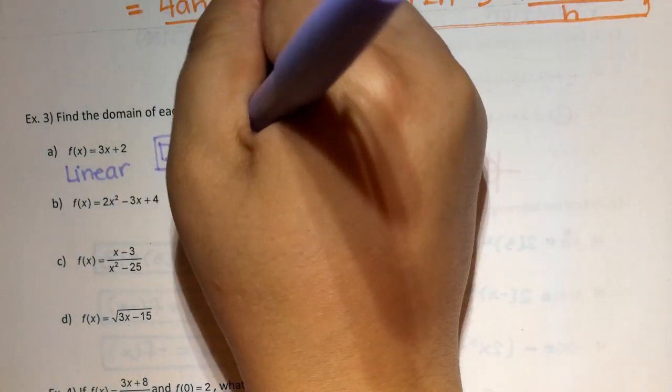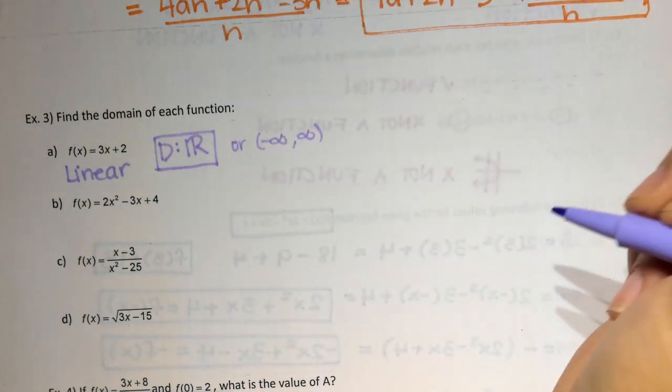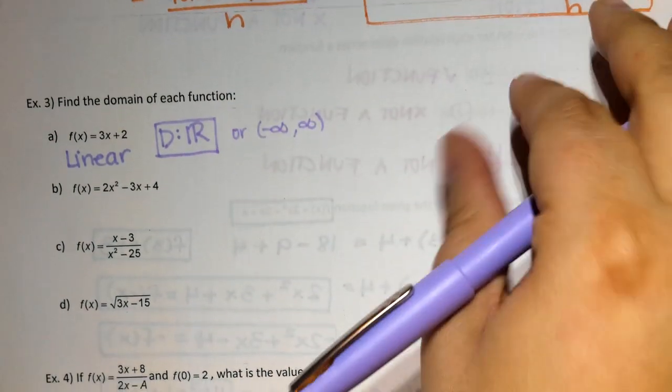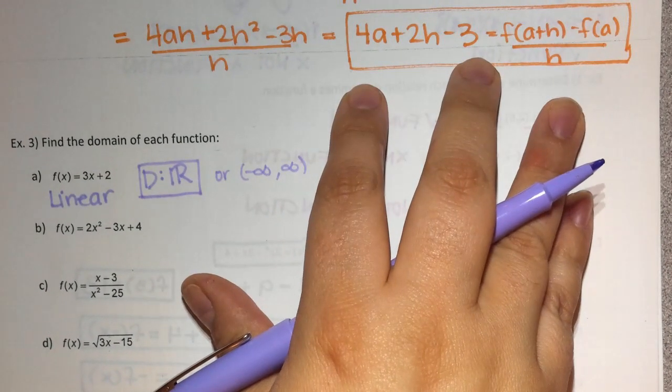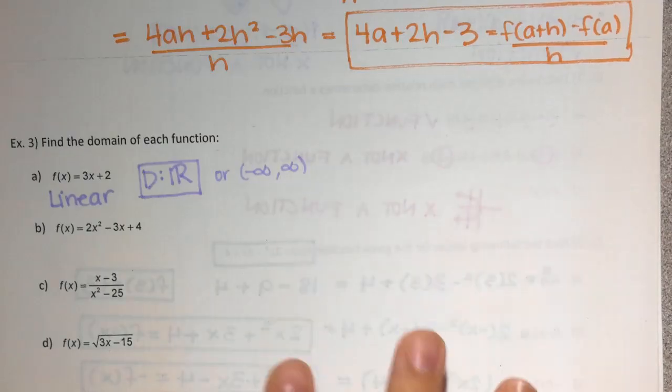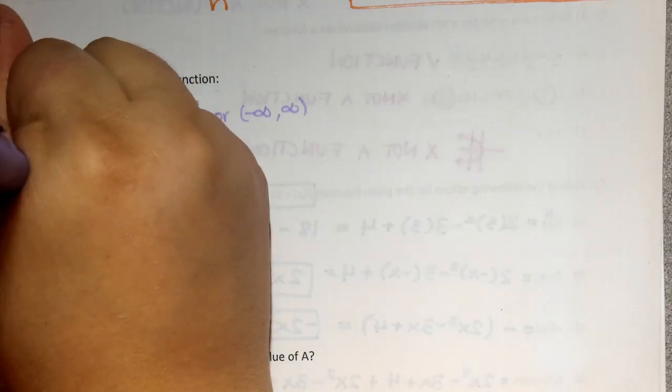You could write it in interval notation. I just prefer the double-struck R. Did y'all all get that? Okay. B. What type of function was B? Quadratic.